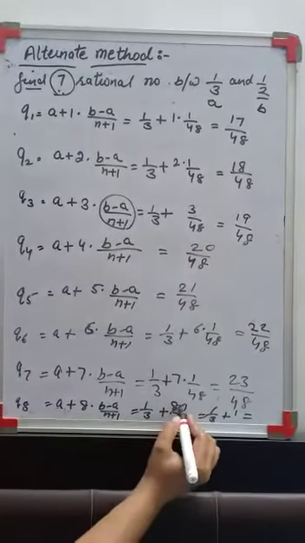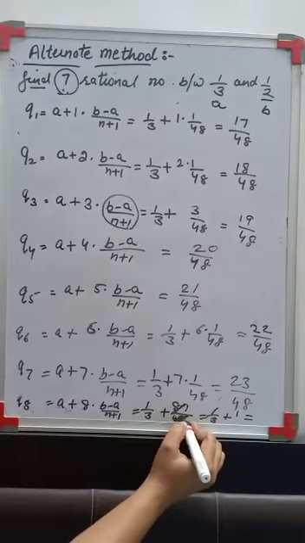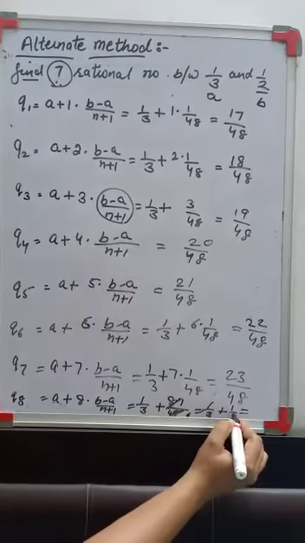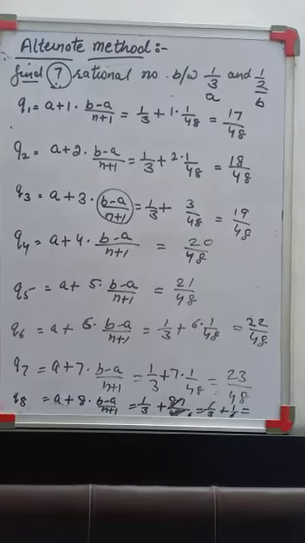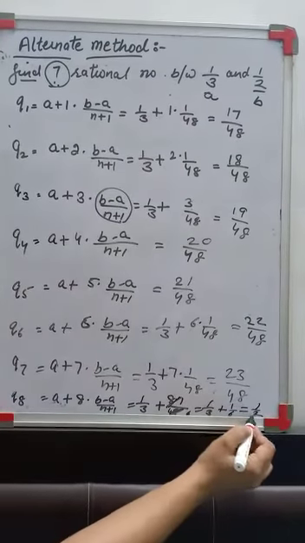Oh sorry, it was 1 upon 48. So 8 into 1 upon 48 is 1 upon 6. So it will become 1 by 3 plus 1 upon 6. When you calculate that, you will get 1 by 2.